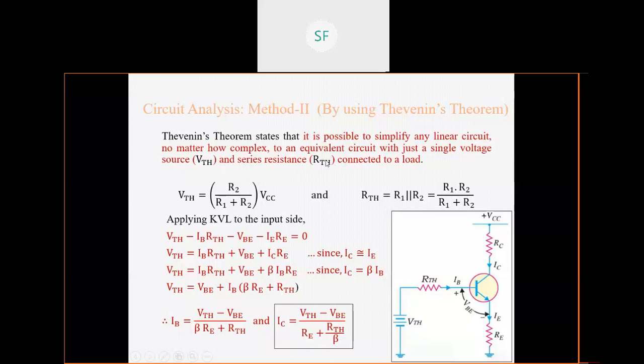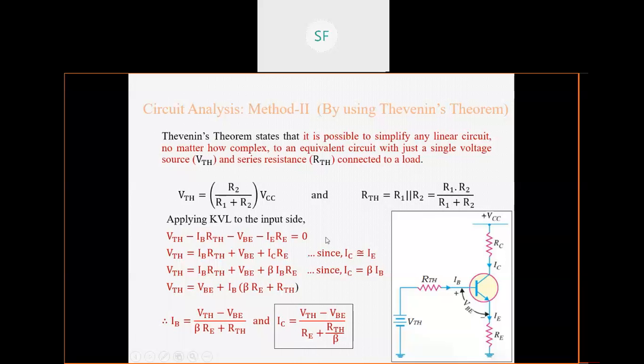Okay, so basically it is giving you a simplified circuit. It is the method in which you are making your complex circuit into a simplified circuit. So that is Thevenin's theorem. You might have studied Thevenin's theorem in basic electronic courses.